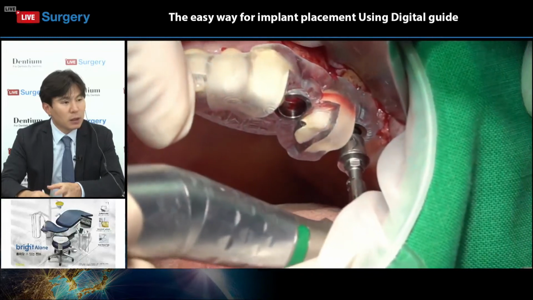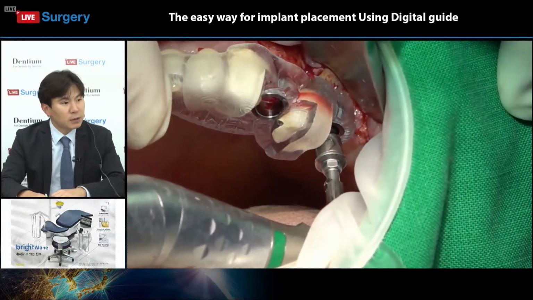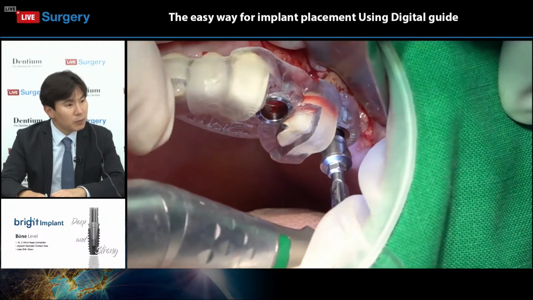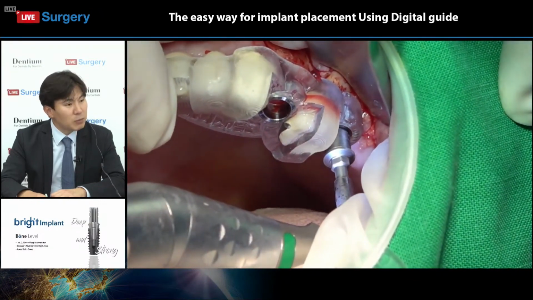And he is placing the implant. The diameter of the implant is 4.5, and the length is 10 millimeter.